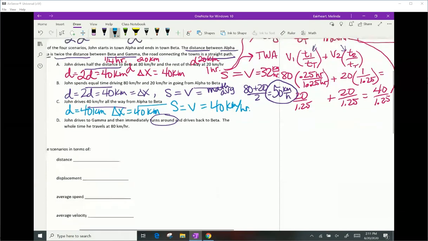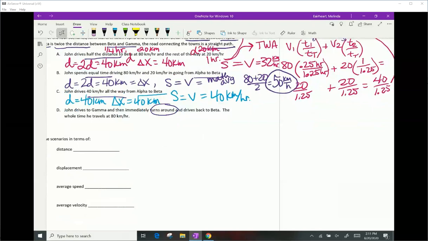And then D. D has a turnaround. So John drives to gamma, 3D, turns back around and goes, immediate turnaround. So we don't care about the slowdown and the speed up, and then comes back to beta. That's an extra 20. The whole time driving the same speed, okay? Physics land.